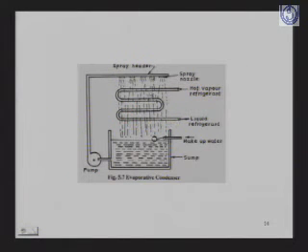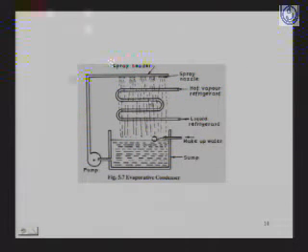Because of this evaporation, the refrigerant vapors are changed into liquid refrigerant. This chilled water is again pumped and then thrown again. So this is a sump where we collect the condensing water.